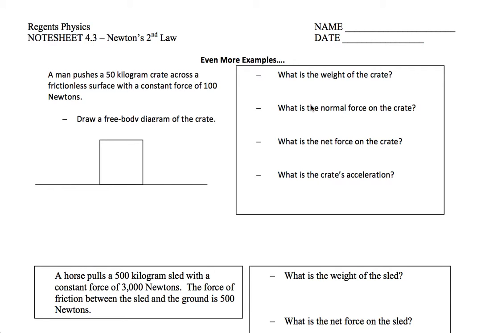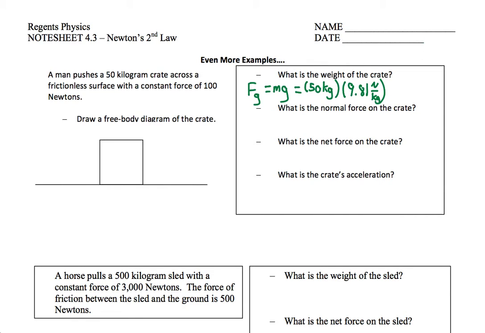So the weight of the crate. Remember we said that the weight is the effect that gravity, the gravitational field, has on the mass of an object. So the force of gravity is mg. And so for us, our mass was 50 kilograms. So we have 50 kilograms for our m times our regular 9.81 newtons per kilogram for our g.